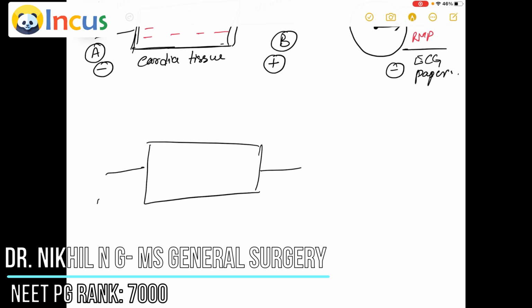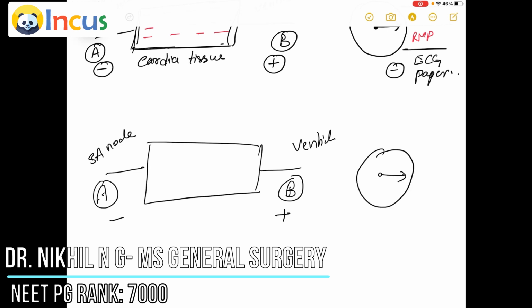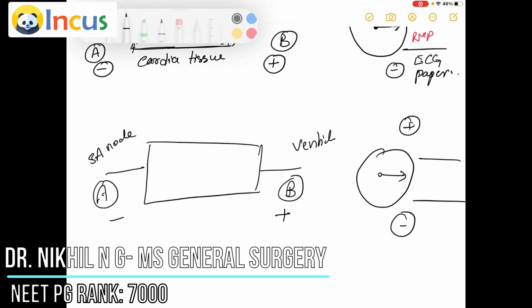So this is the cardiac tissue, terminal A, terminal B. Terminal A is connected to the negative terminal, this is the positive terminal, this is the SA nodal end, this is the ventricular end, and this is the ECG machine with positive and negative terminals again. Now we shall stimulate terminal A, that is, we are stimulating the SA node.